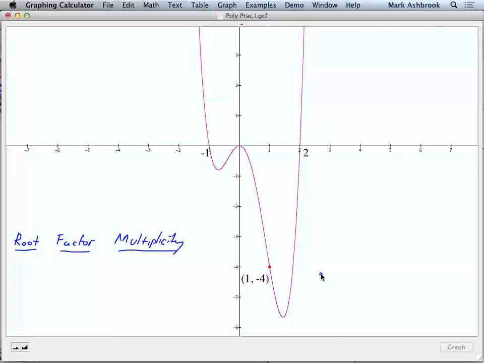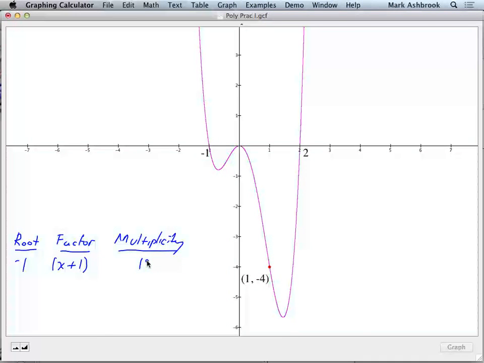How are we going to get started? Tell me anything. How will we get started on this? Not sure. Horatio, you're next. Okay. Stop right there. Let's do that one. He wants -1. Okay. What's the factor associated with -1? X plus 1. And looking at the graph, what multiplicity do we have? Agree with that? Cool. All right, next.